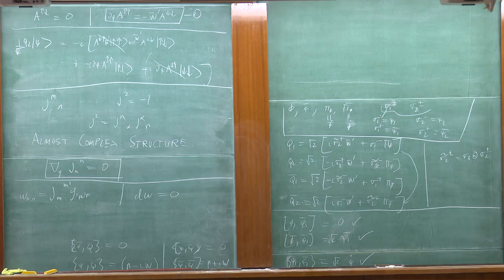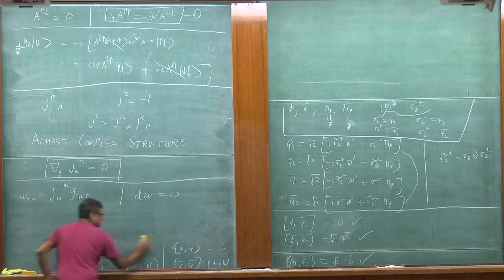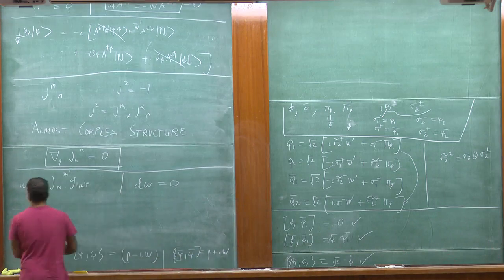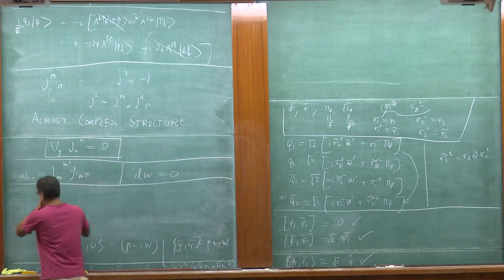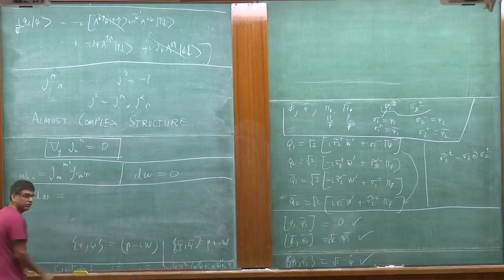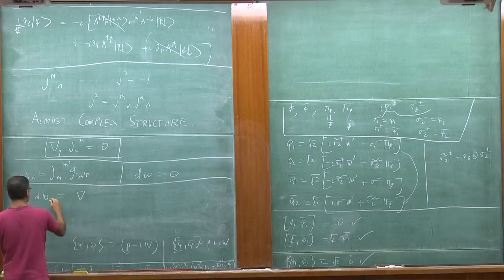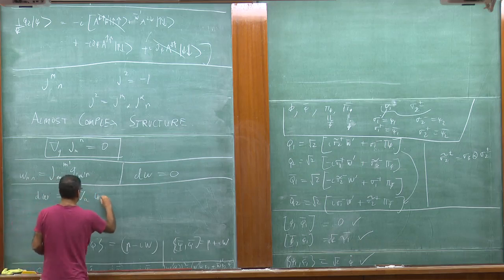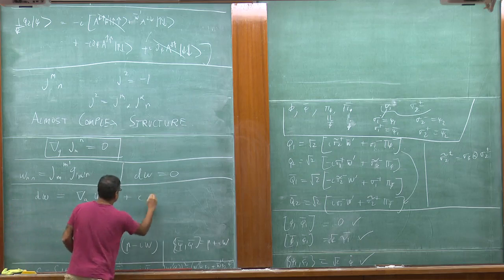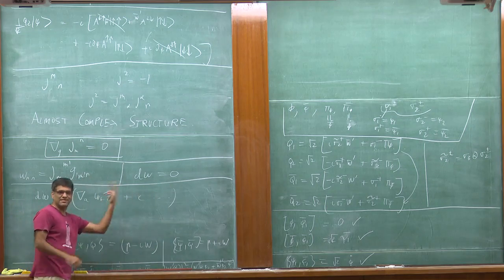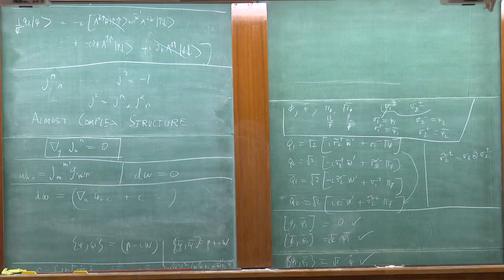Okay, and we've just checked that it's a closed form. Yes? Why is dW 0? So what is dW? Now you can write it with ordinary derivatives. We can also write it with covariant derivatives. I'll do that. dW is del A W BC plus antisymmetrized terms, all the terms that make it antisymmetric.